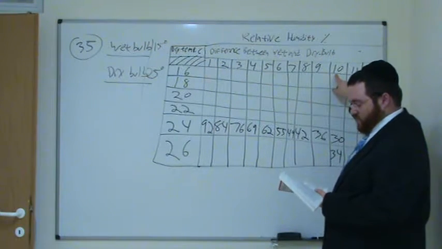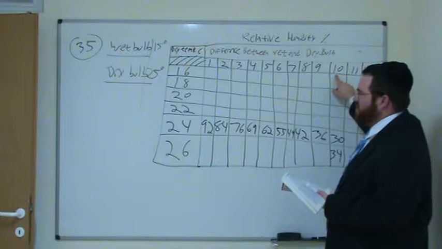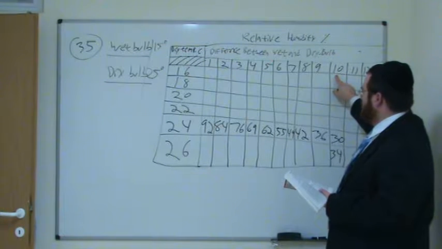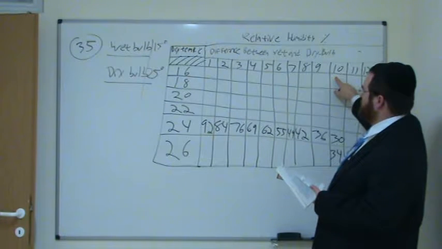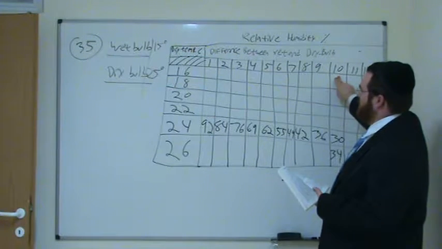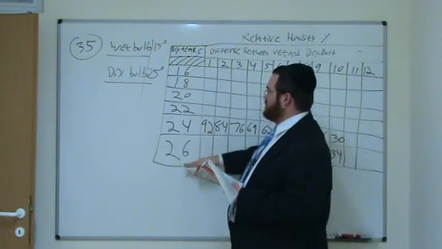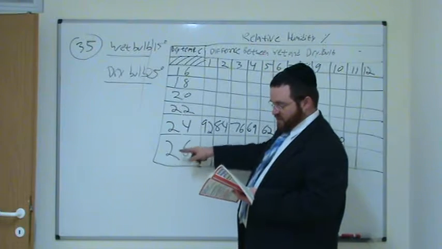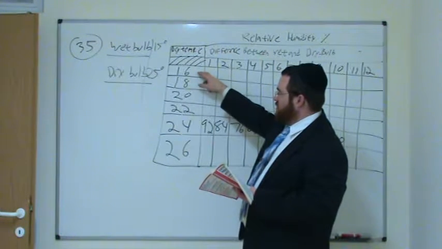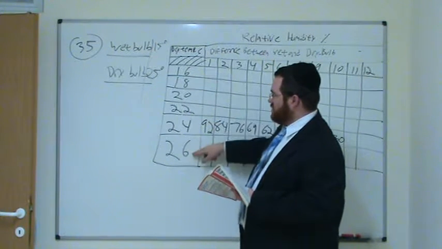And we know that the wet bulb temperature is 15, but it doesn't ask us that, just shows us the difference, which is 10. Then it shows over here the dry bulb temperatures. It goes from negative 20 all the way to 30 in Celsius. So I just did 16 through 26.